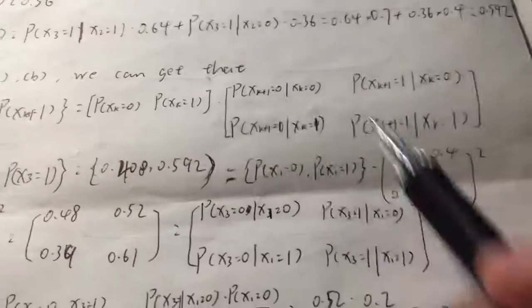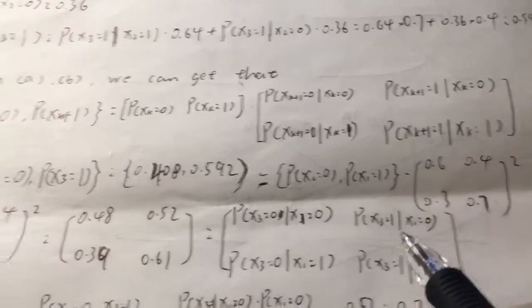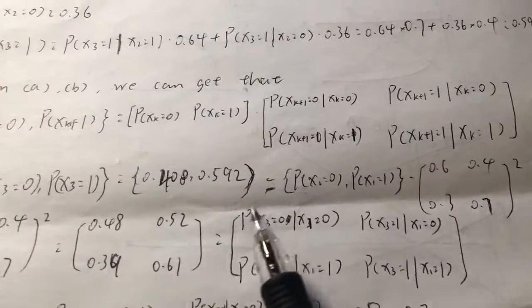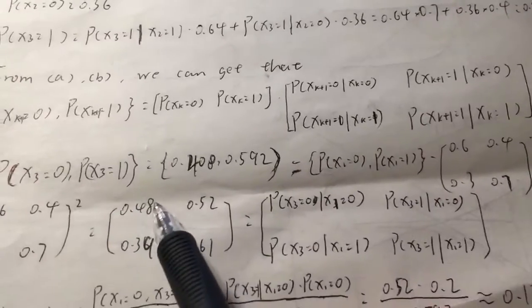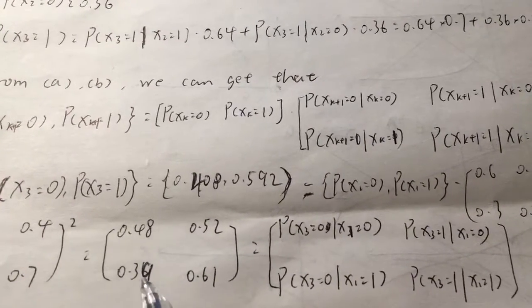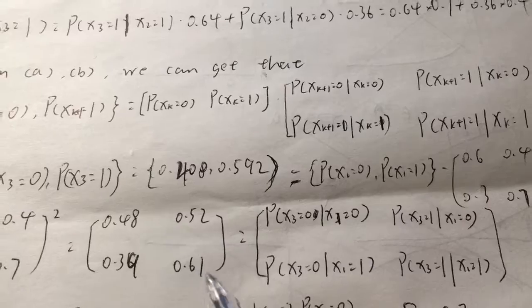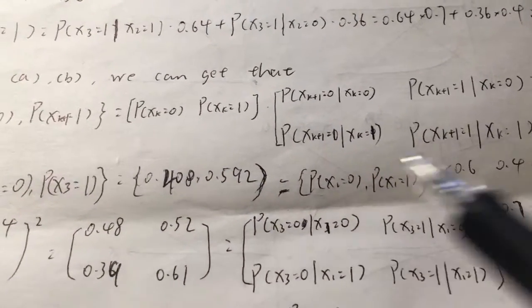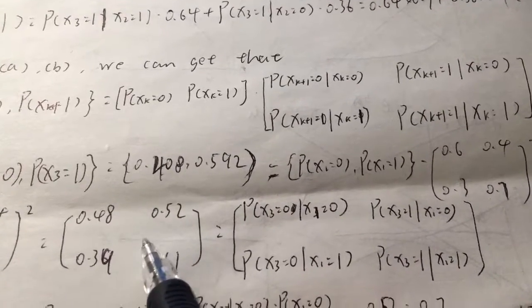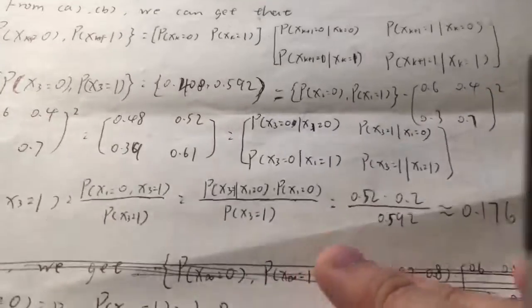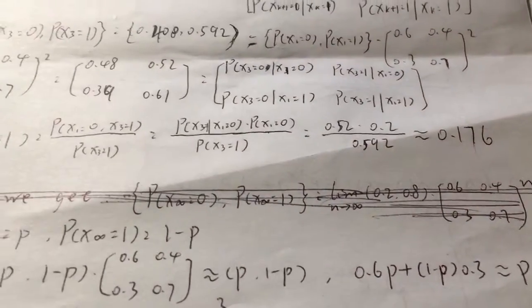After I calculate, I got the matrix 0.48, 0.52, 0.39, and 0.61. According to the question, we need the second one, so the result is 0.52. That's question 3.